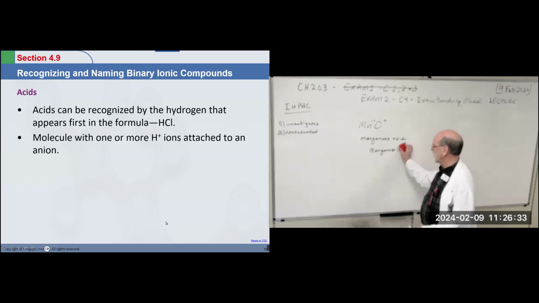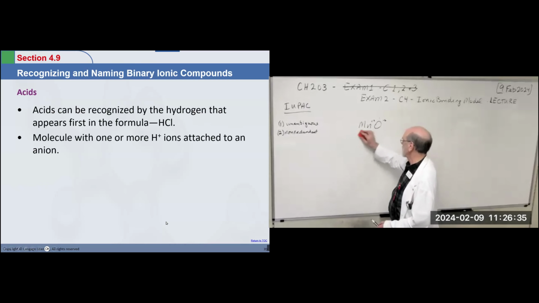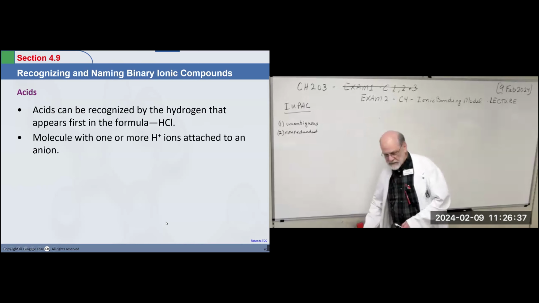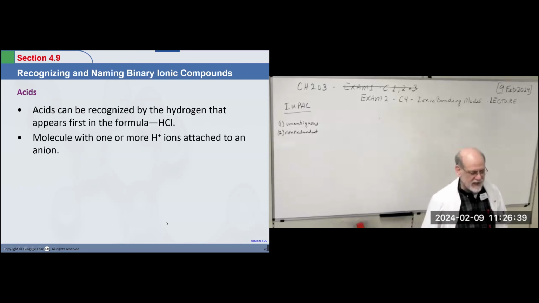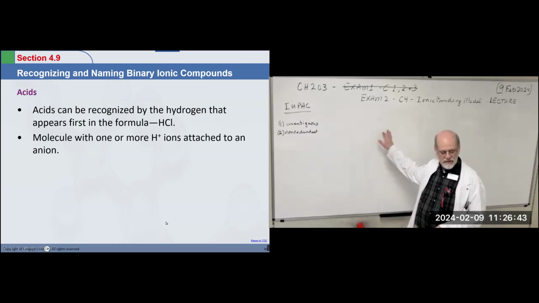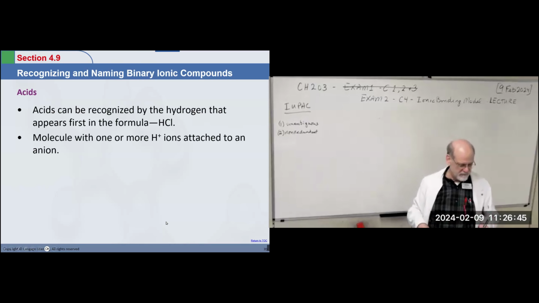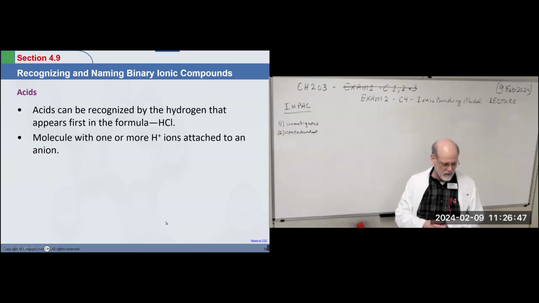But the reason I'm telling you that is they had a more difficult time with acids. This convention that I just mentioned came from, I don't know, early 1700s, 1600s.